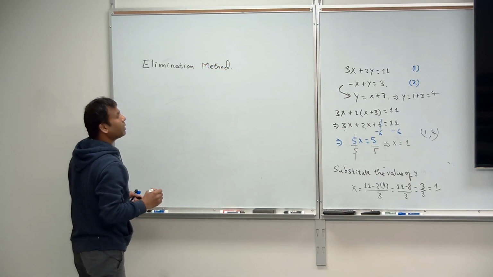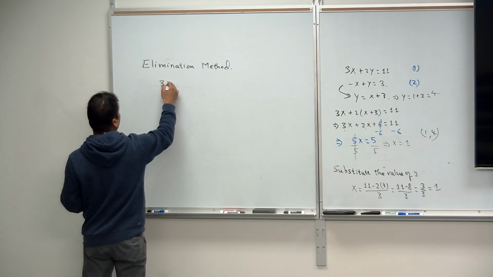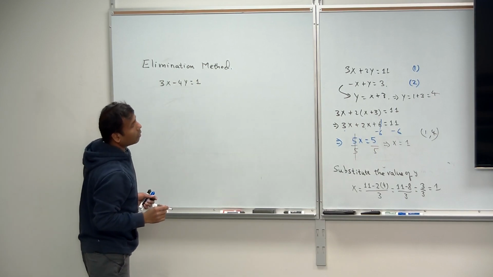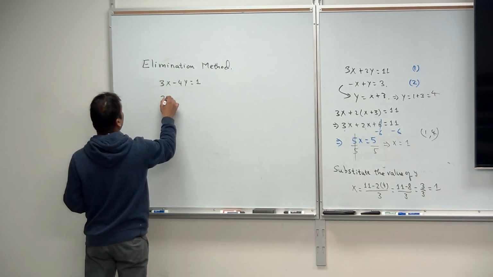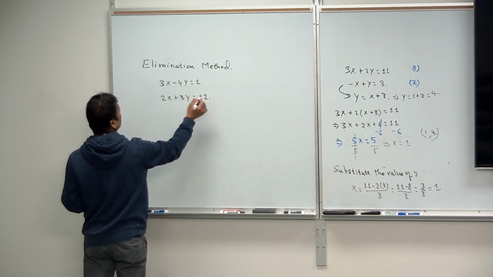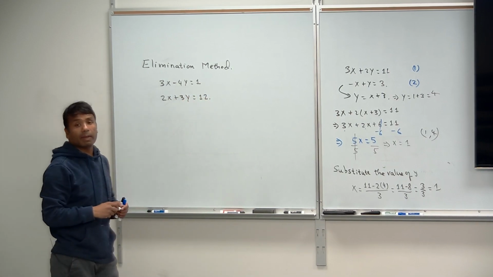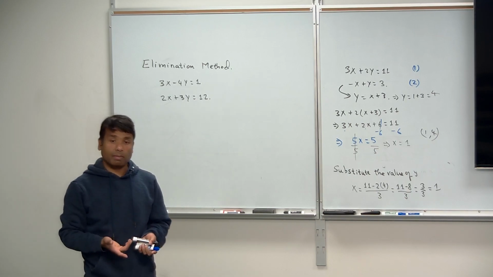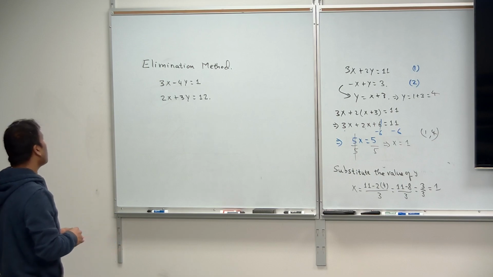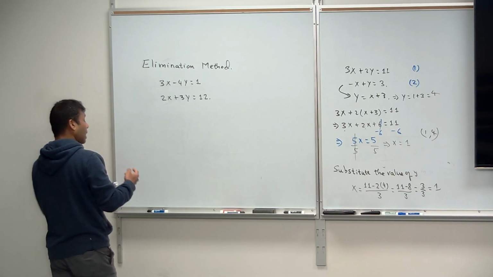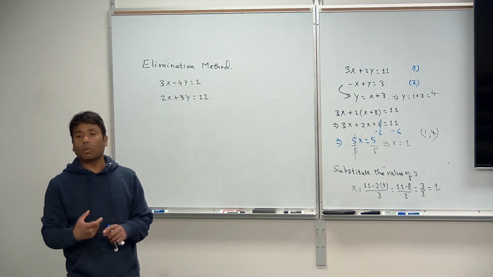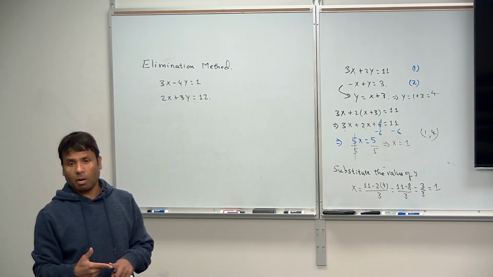We have the system 3x minus 4y equal to 1, and 2x plus 3y equal to 12. So what do you want to eliminate, x or y? To eliminate the variable, it must have the same coefficient but opposite in sign.